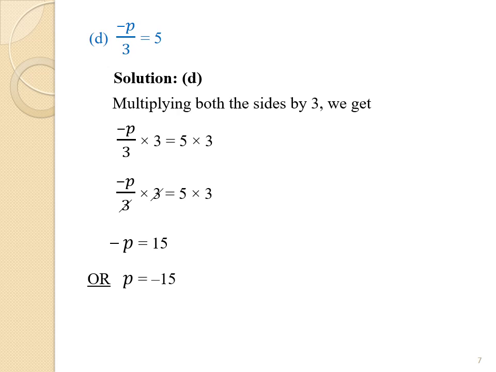Students, note that minus p equals to 15 is same as p equals to minus 15. You can write minus p equal to 15 or p equals to minus 15. Both are correct. So, p equals to minus 15 is the solution of minus p upon 3 equals to 5.